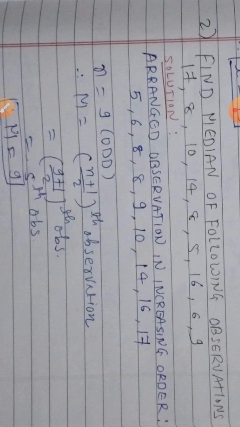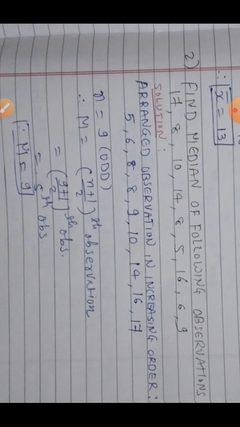Otherwise, in an objective question you can give a direct answer. After arrangement you can very easily pick out that 9 is at the middle place, so obviously 9 is the answer. But to write something here, I think you understand why we are writing this formula, even though it can be answered without the formula.